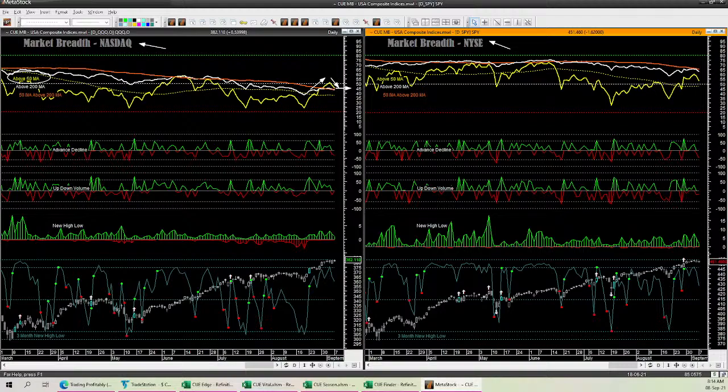It's currently at 45%. And for NYSE, it is currently at about 54%. So we continue to see that NYSE as a whole is relatively stronger than Nasdaq. There is no other signal worth noting right now on these charts.